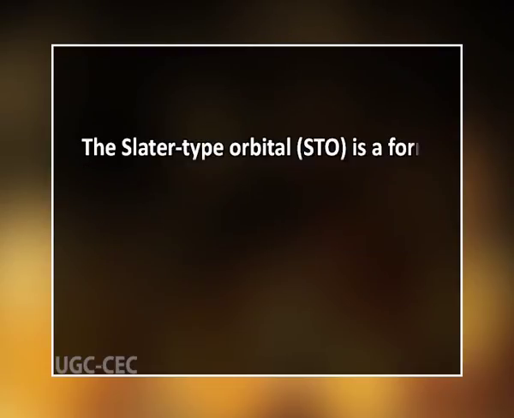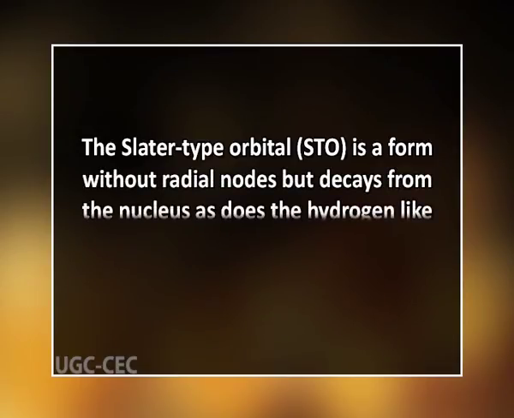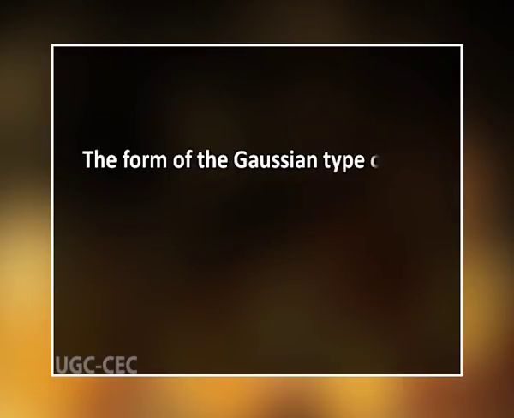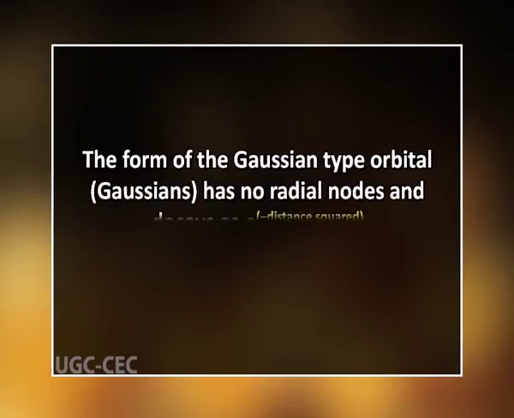Second, the Slater type orbital is a form without radial nodes, but decays from the nucleus as does a hydrogen-like orbital. And third, the Gaussian type orbital has no radial nodes and decays as e raised to the power of minus distance squared.